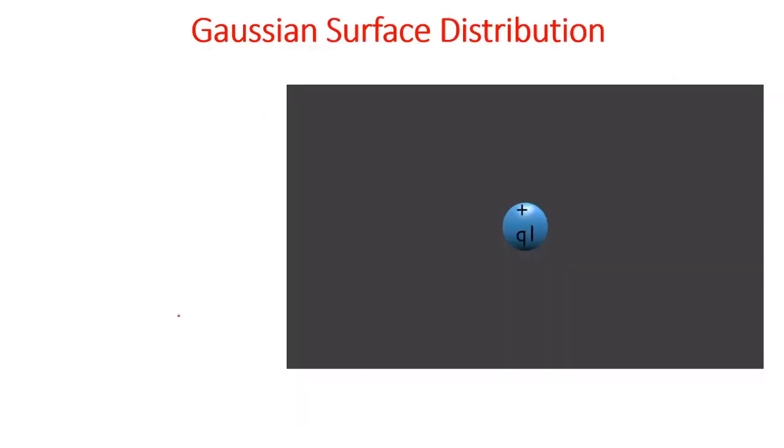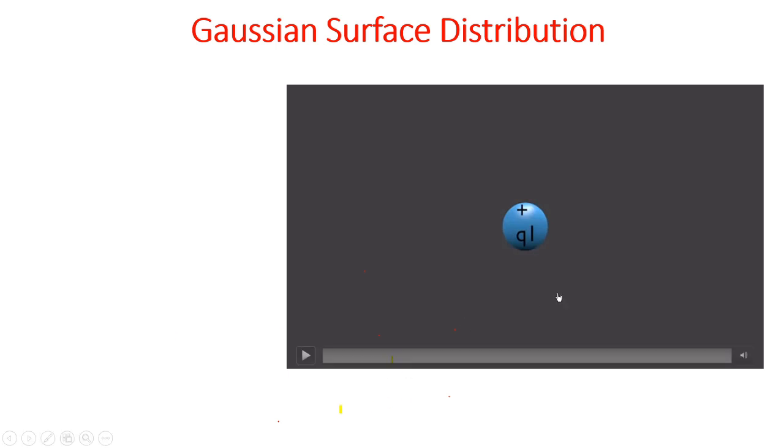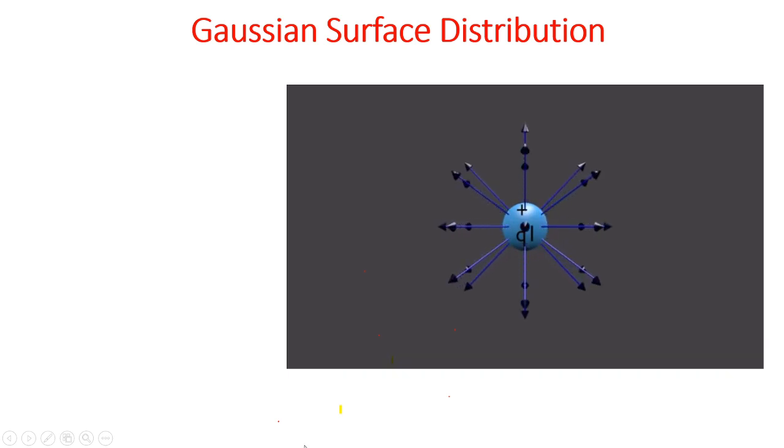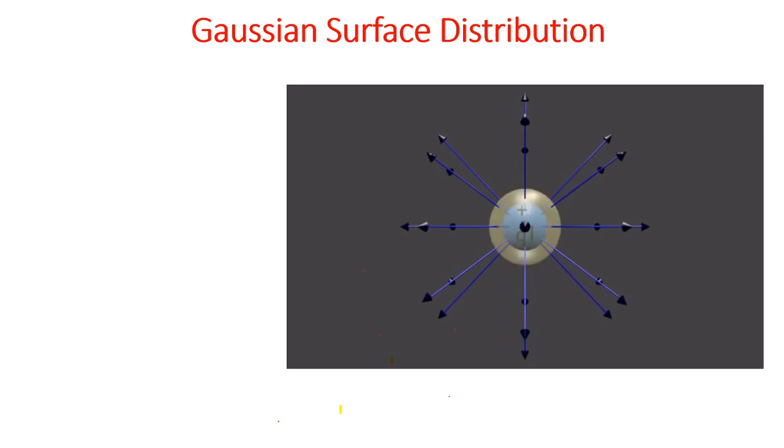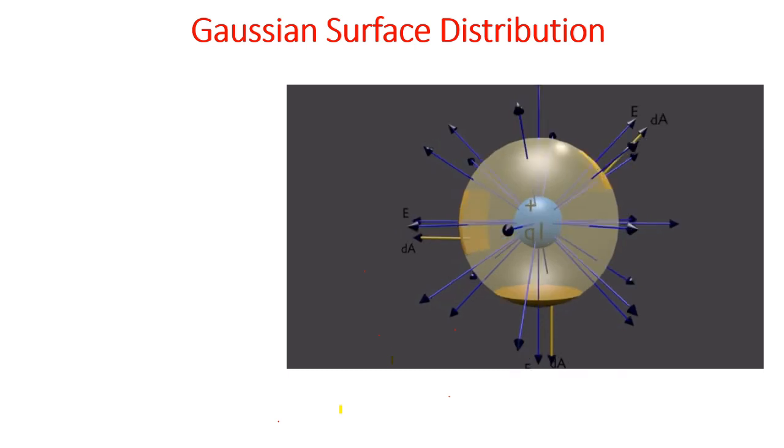Now the same video we saw before, I think you remember it. From a plus charge, the electric field lines come out. Now we can see a Gaussian surface covering the full charge.